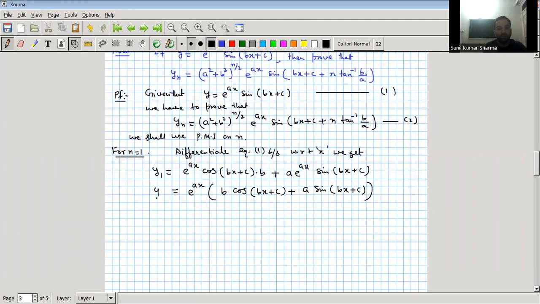So this is y1. So put b equal to r cos alpha and a equal to r sin alpha. Here we put this b to be r cos alpha and this a to be r sin alpha.